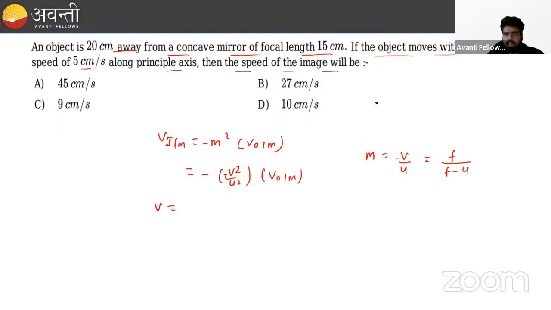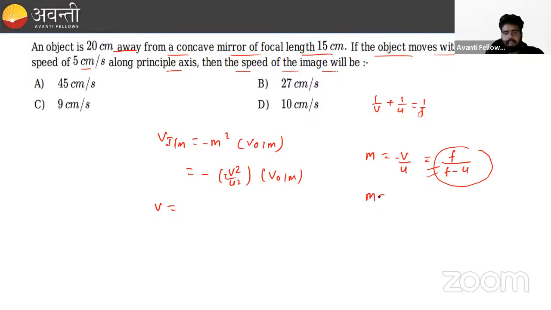Because if we apply the mirror formula 1 by v plus 1 by u equal to 1 by f, after putting the value, we can directly put the value in terms of focal length. And whenever we appear for such examinations, we should already have this type of formula covered, to save time.